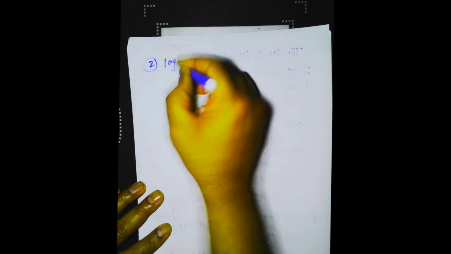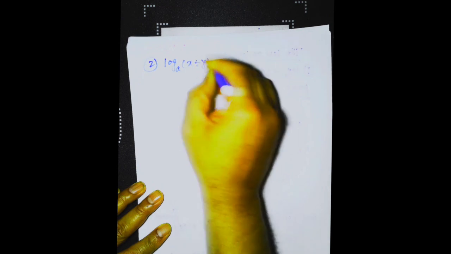So the second law is that log to any base a of x divided by y is going to be equal to log x to base a minus log y to base a. Okay, so this is another property of logarithm.